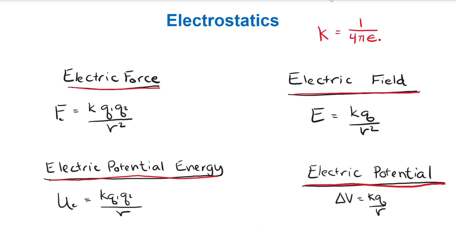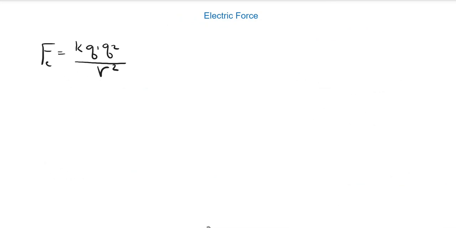So let's look a little bit closer at each of these, and hopefully we'll find ways to remember which equation goes with which concept. So first let's talk about the electric force. This is Coulomb's law, and this involves two different charges, some distance r away from each other.